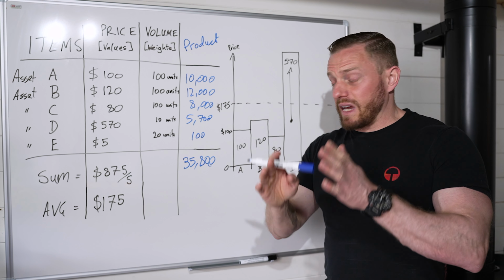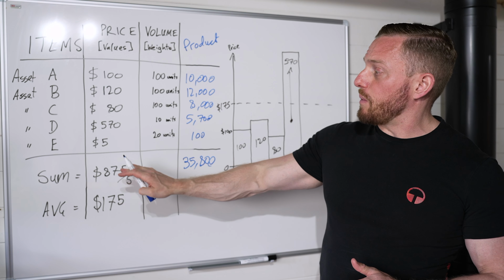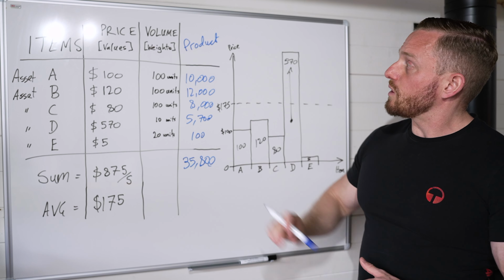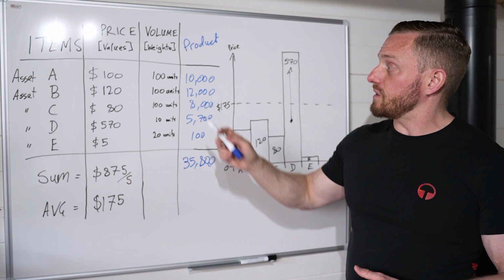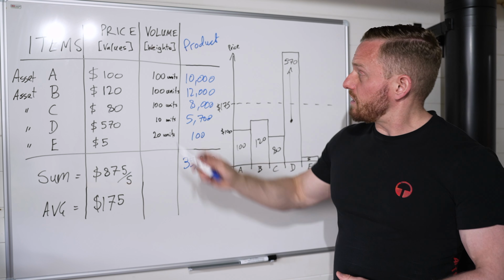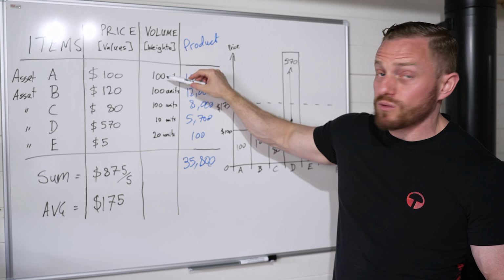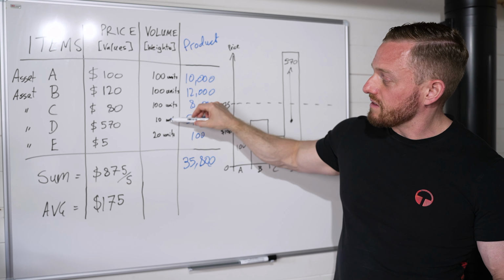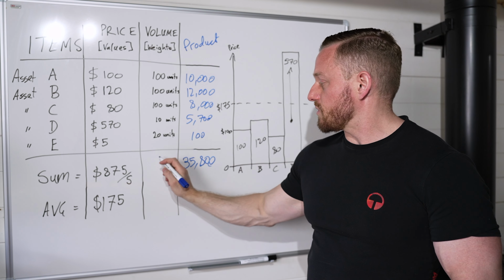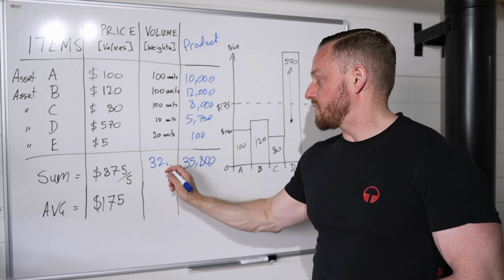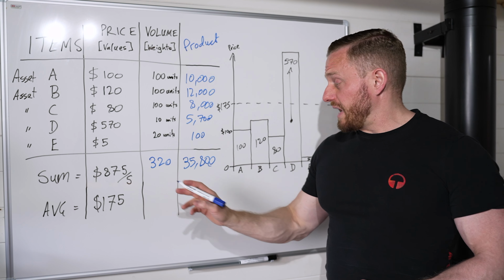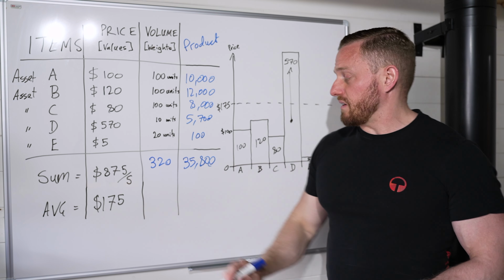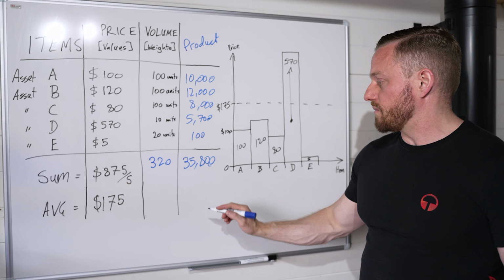And then now, instead of just dividing by the 5 assets, we also have to add up the volumes. So if we add up this column, 100 plus 100 plus 100, 10 and 20, that comes to 320. And now, to get the weighted average, we just divide these two.